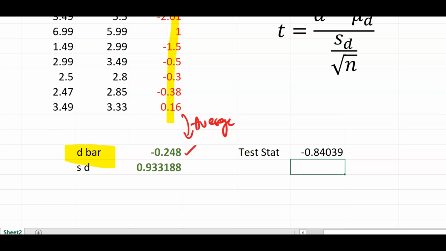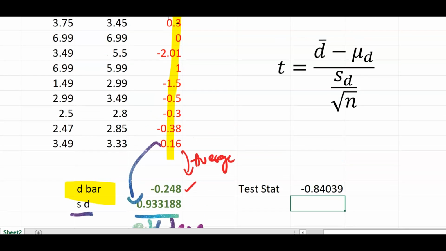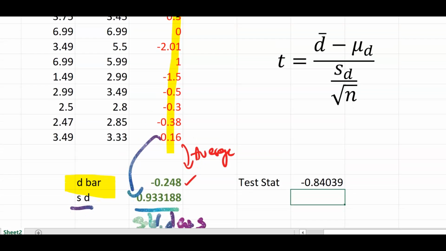SD represents the standard deviation, dot S, of that column. Again, it comes from here. Then I will be using the figures that I have got there to be able to find the test statistic.